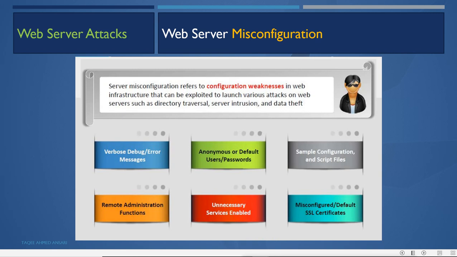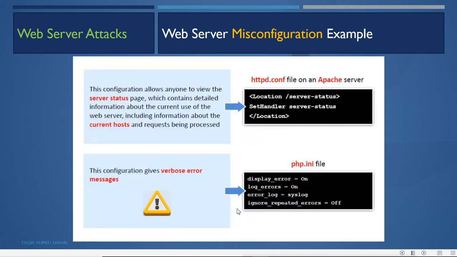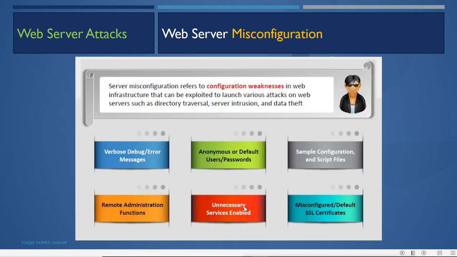Unnecessary services enabled: sometimes we don't require some services, but they are enabled, and that is also a misconfiguration problem. For example, I have configured the web server, but the FTP service is also running. That is not required for me, but it is still running. Or suppose I was doing some troubleshooting or testing and enabled it, but forgot to disable it.